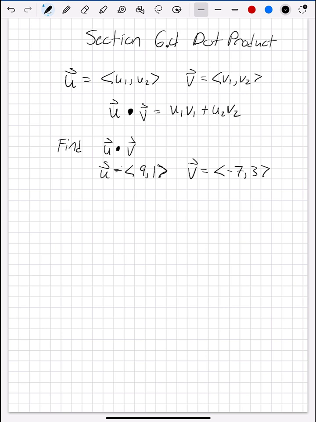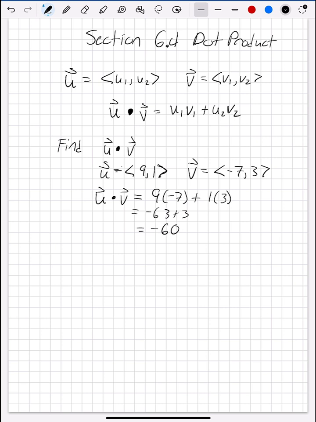Okay, so then u dot v is equal to 9 times negative 7 plus 1 times 3, which is negative 63 plus 3, which is negative 60.